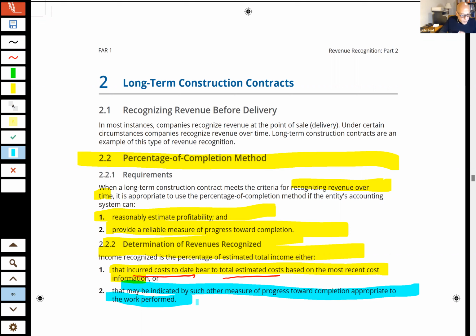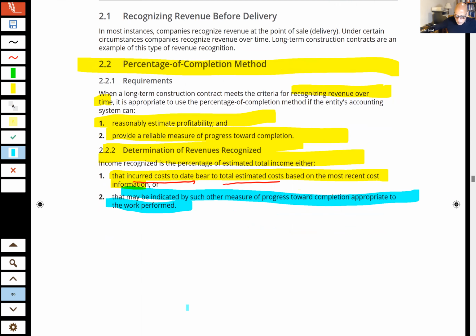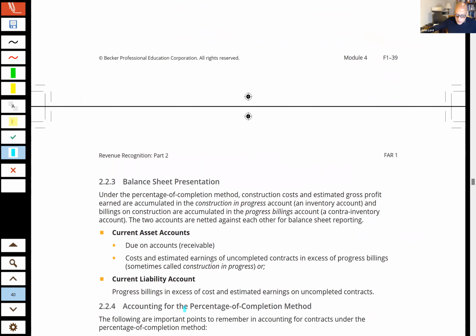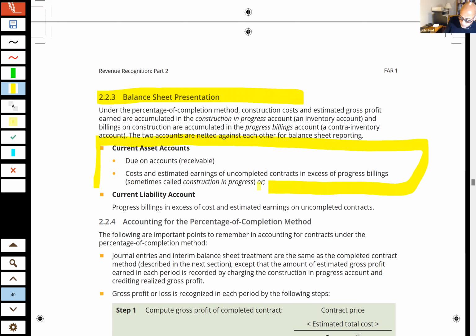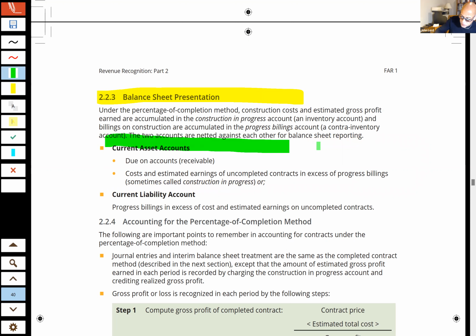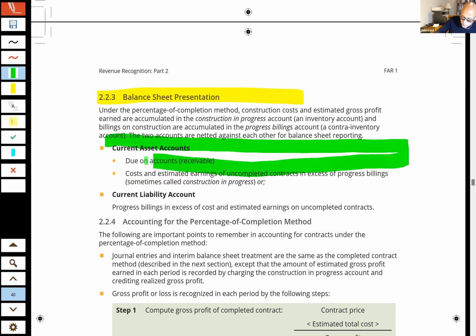Now you come over and we're going to talk about mostly the income statement here, but let's stop for a second and talk about balance sheet presentation, okay? And we are going to have current assets, okay? And the current assets will be based on billings, okay? So we'll have current assets, and one of our current assets here is going to be the amount due on account receivable.